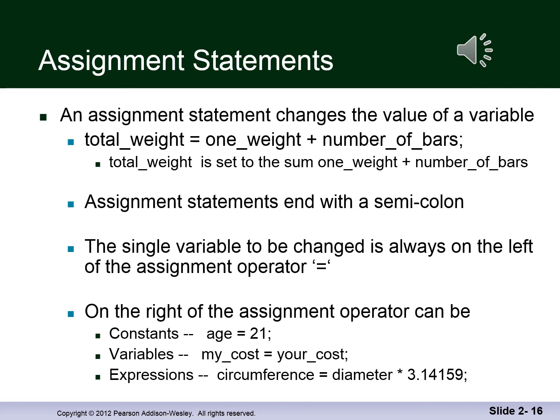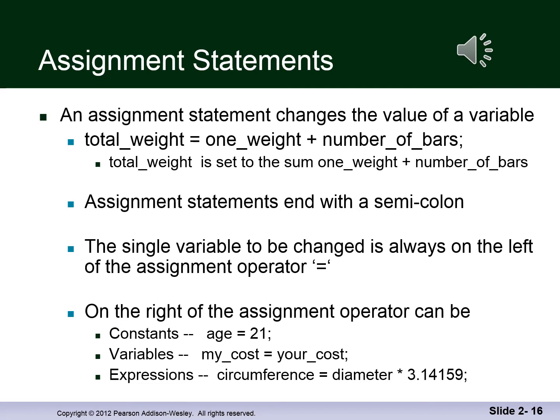We're assigning that result of that addition to total weight. So the assignment goes right to left. We're assigning what happens on the right to the variable on the left. Total weight is set to the sum one weight plus number of bars. So if one weight was 10 and number of bars was 15, total weight would be 25.